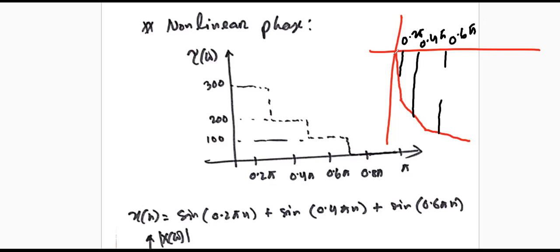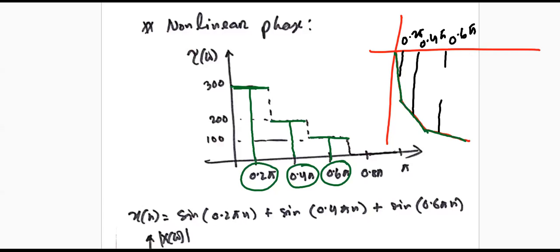As you can see, the rate of change here is very high, so that is the rate of change for 0.2π. Here the rate of change is medium, and that is the rate of change for 0.4π. And here the rate of change is very low, and that is for the last one. So it shows that different frequencies are experiencing a different rate of change and, I should say, a different group delay.